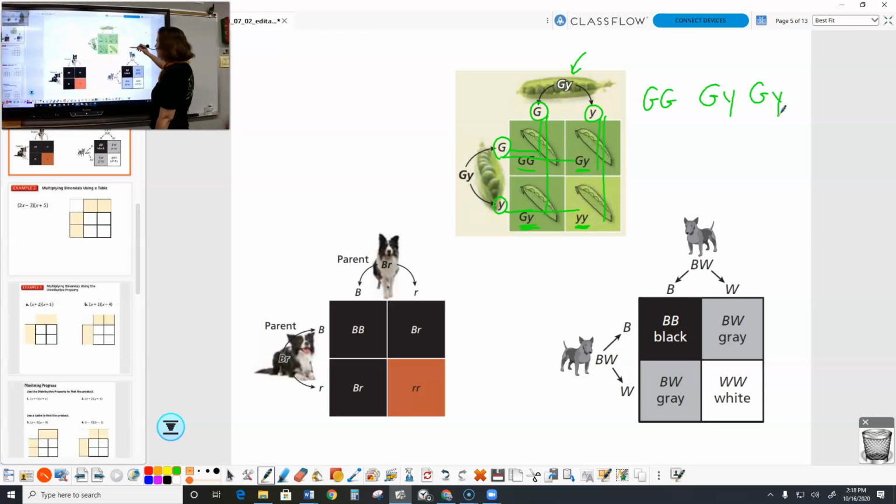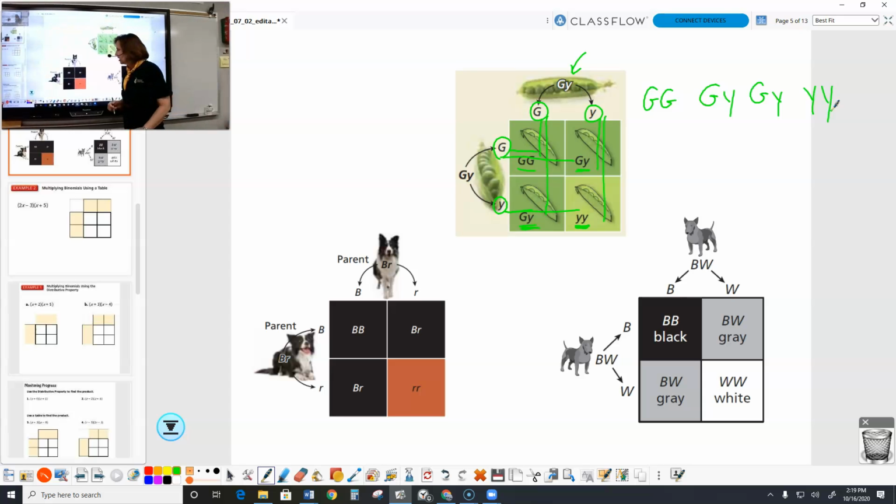And then finally we had the yy, and those are just yellow peas. Those were the recessive ones, and all of their offspring would have a lowercase y in them. Your biology teacher is going to explain this so much better.